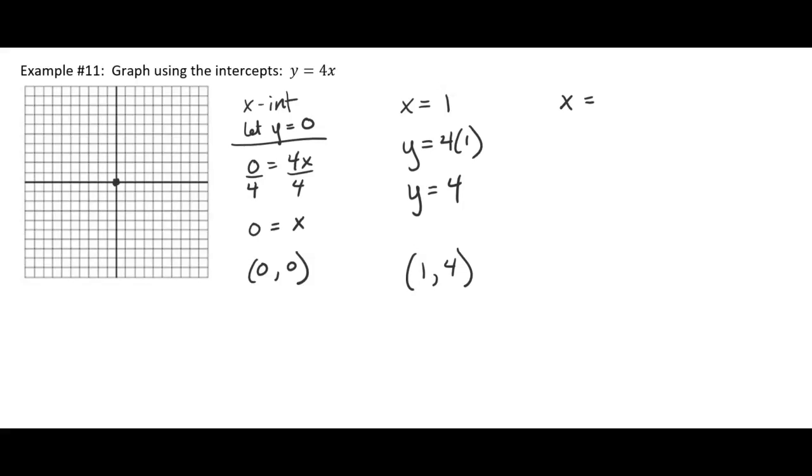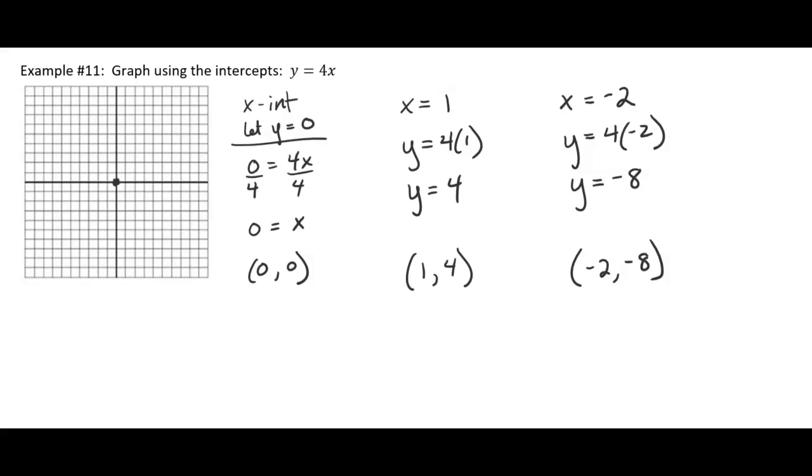You could have it be negative. Let's do negative 2. You could just do a regular 2. We get to pick. We just want it to fit on our graph paper. So we're letting x be negative 2, so we plug negative 2 into the equation for x, and we get y equals negative 8. And so we have a third point, negative 2, negative 8. If those 3 points line up, then that'll be great.